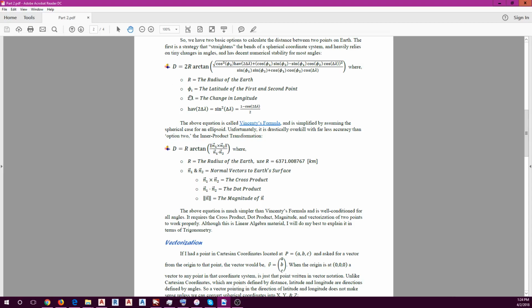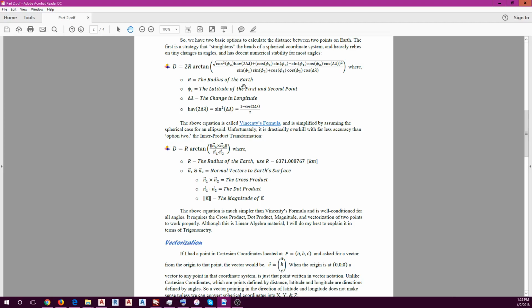So we're actually going to ignore this. If you want to know, I gave a link to the Wikipedia page. This is Vincenty's formula, and it is an alternate to the haversine formula. That's what this is called, the haversine. It's an alternative to the haversine formula, and ironically uses a haversine in it. And in this method, it is simplified by assuming that the ellipsoid is actually a sphere, and that's what makes this less nasty than it really is.